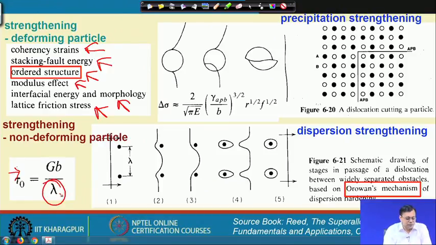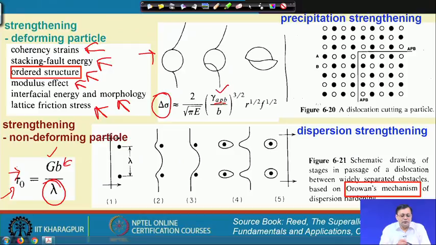Okay. So, if the spacing is higher, the increment of the stress will be less. However, if the spacing is very close, then we can increase the strength. Here this is the Burgers vector and G is the shear modulus. Now, in case of a deforming particle, the strengthening is linked with the antiphase boundary energy.